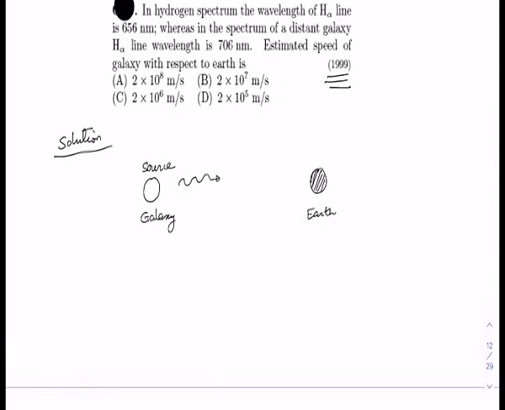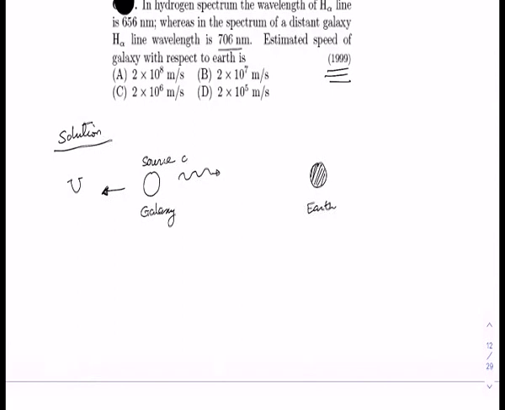Because the wavelength here is on the higher side, obviously the galaxy is moving away from the Earth. Suppose it is moving away from the Earth with speed u. This is basically the setup we have, and the speed of light is, say, c.